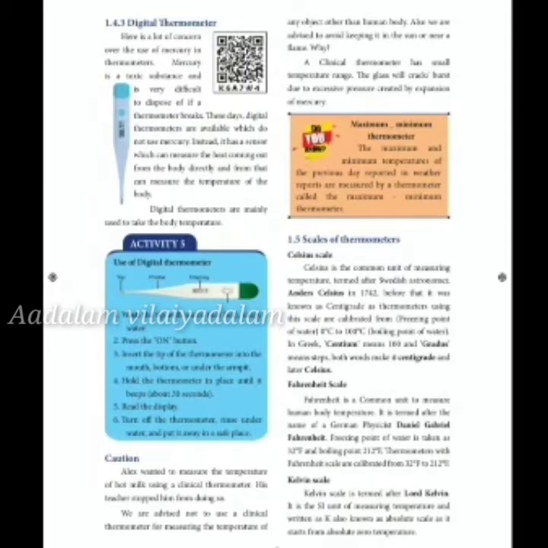In Greek, centum means 100, and gradus means steps. Gradus means steps 1, 2, 3. Centum means 100. These two words make it centigrade, but later the name of the astronomer was given to it. So it was called the Celsius scale.